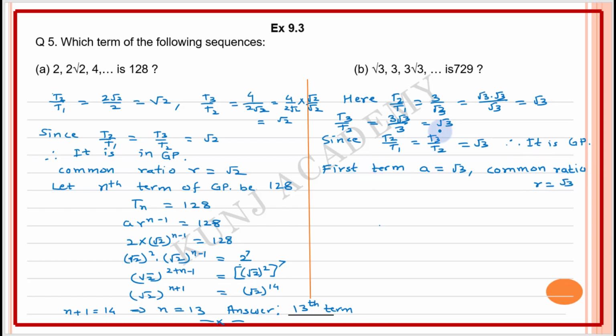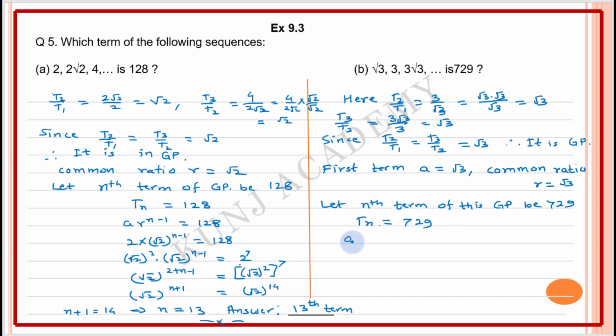Let the nth term of this GP be 729. Then Tn is equal to 729.